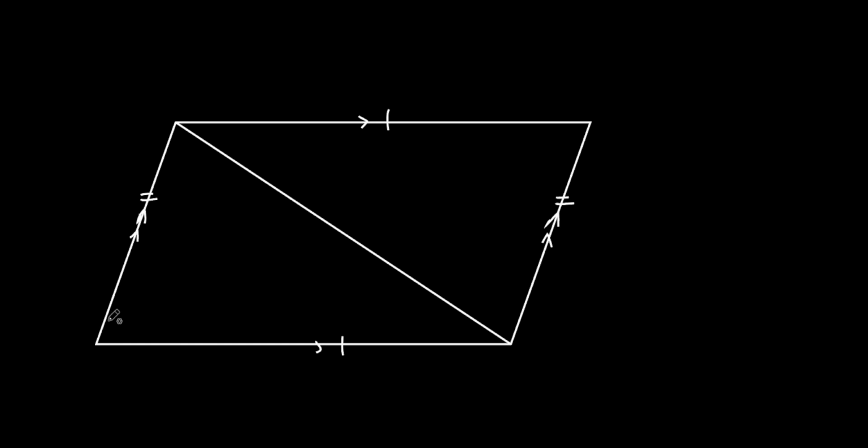What do you know about the opposite angles of a parallelogram? They're equal to each other. So this angle and this angle up here are equal to each other. This big angle right here, that whole thing, and this big angle right here are equal to each other. We good?